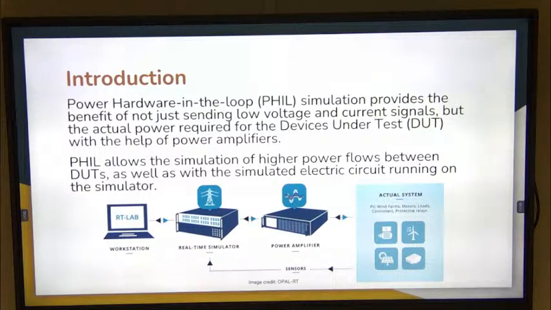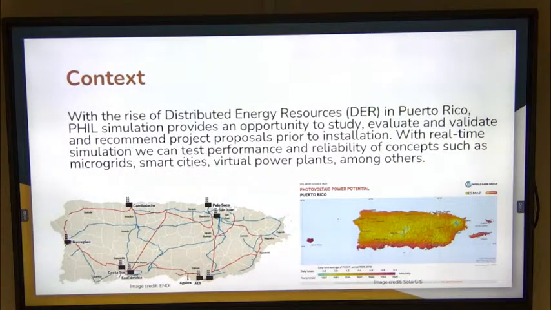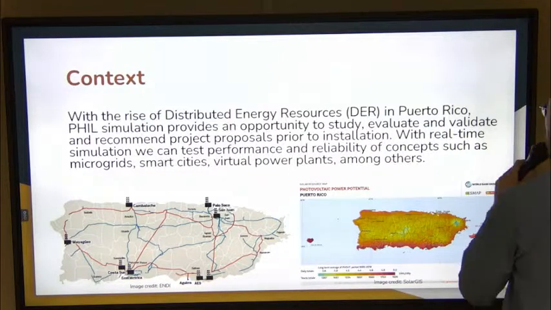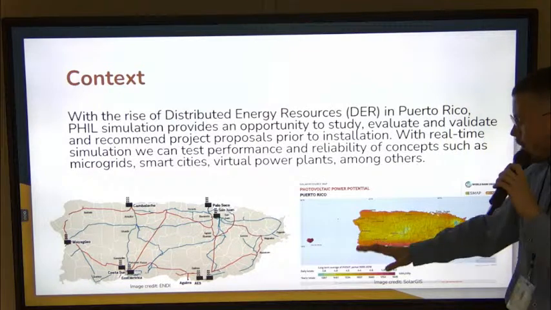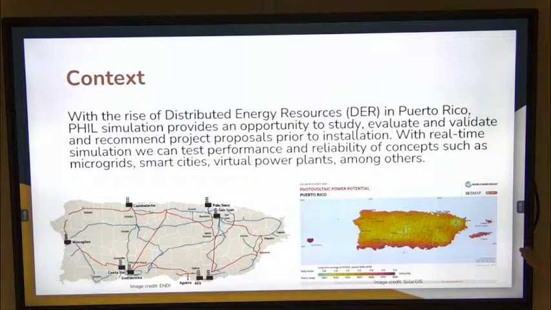As a bit of context, we already know that DERs, distributed energy resources, are what everyone is talking about in Puerto Rico. It's because there's a need for it. You can see here that Puerto Rico has a lot of solar potential. In the northern parts there's a bit less, but in the southern parts there's the most generation available.